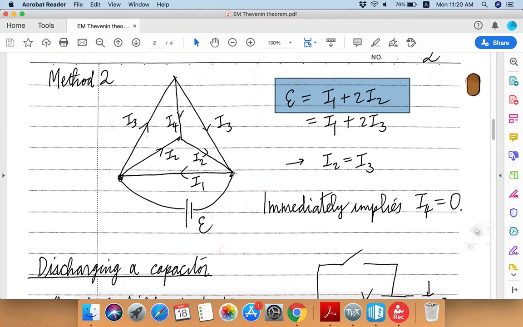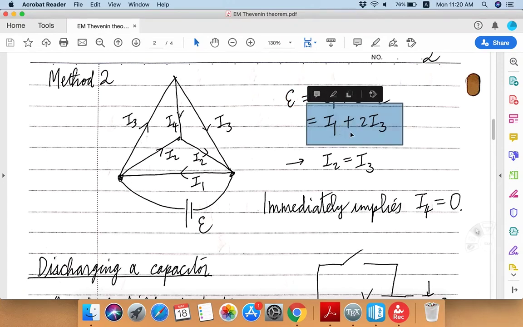So the voltage drop across this edge is I1 times R, okay? And the voltage drop across this edge is I3 times R, and across this edge is also I3 times R. So altogether, the entire voltage drop equals this thing, and that's equal to the EMF.